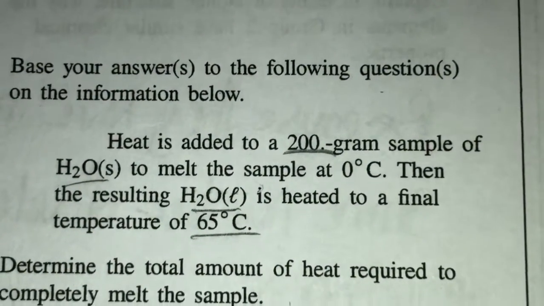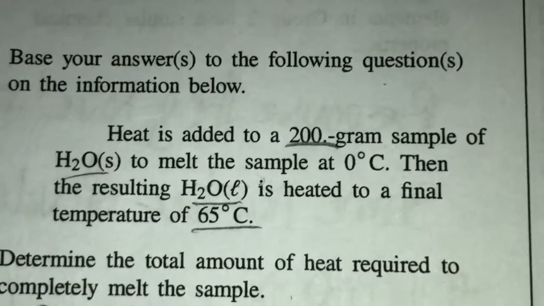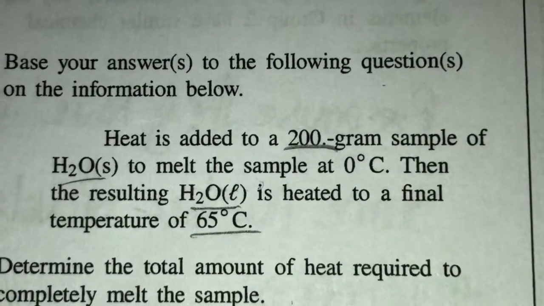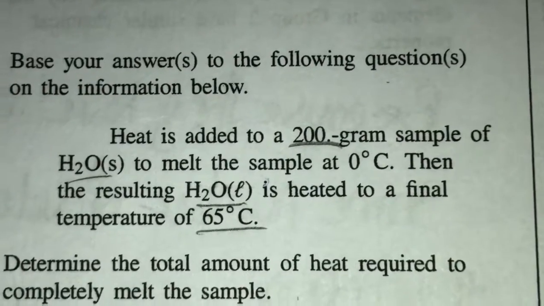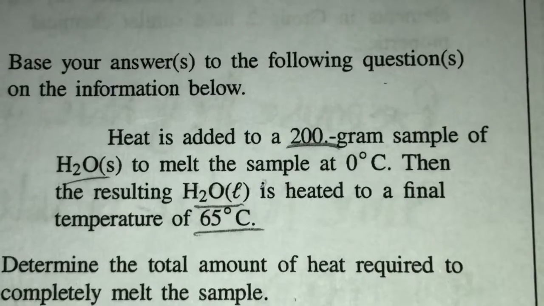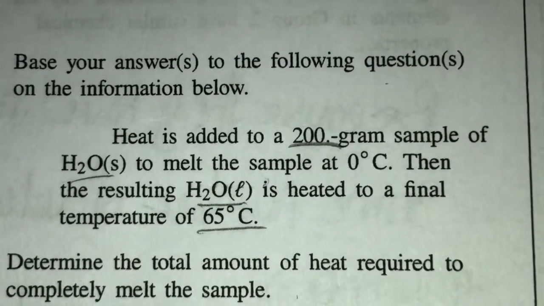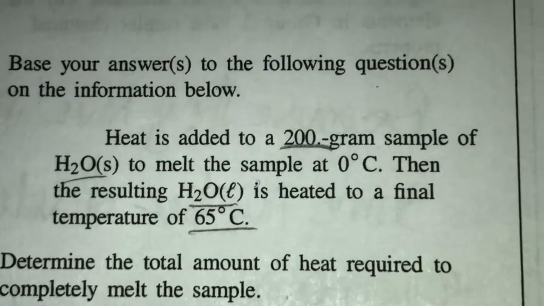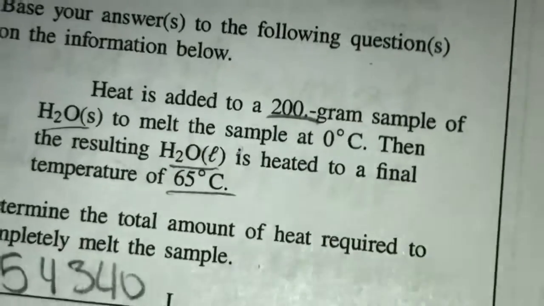Heat is added to a 200-gram sample of H2O solid to melt the sample at 0 Celsius. Then the resulting H2O liquid is heated to the final temperature of 65 degrees Celsius. Determine the total amount of heat required to completely melt the sample.